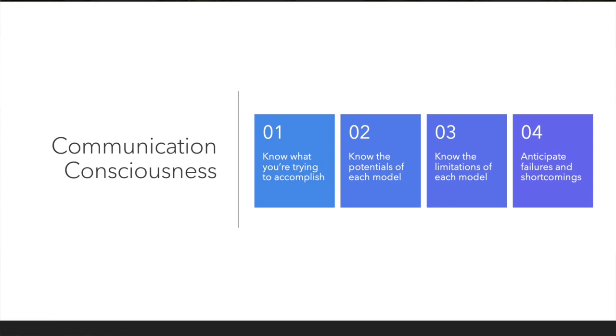Number two, know the potentials of each model. If it is an interpersonal communication, if you have a personal issue, even in a workplace, pulling that person aside and speaking to them one-on-one is usually quite effective. You create little moments of intimacy sometimes.